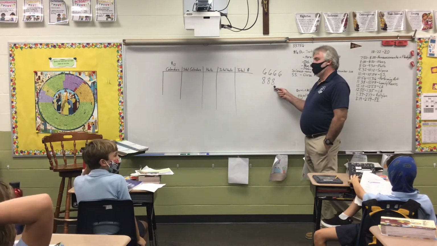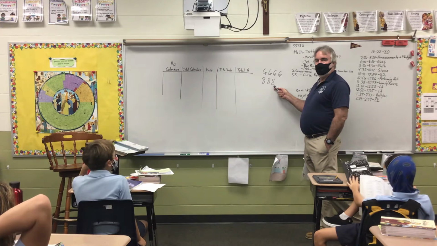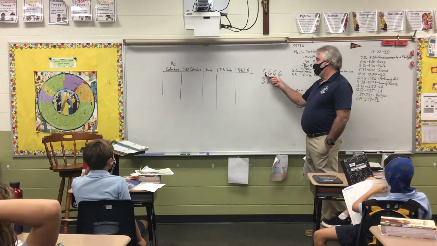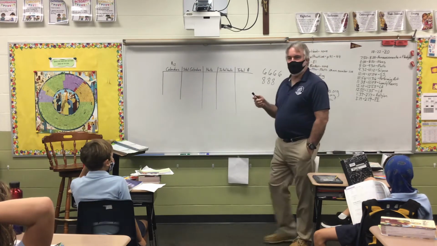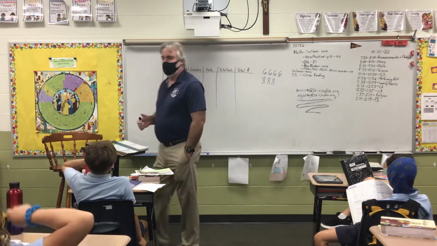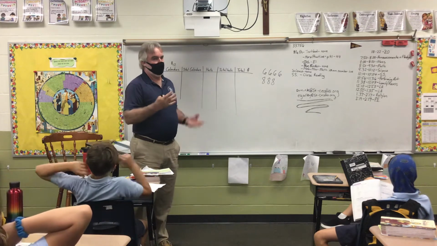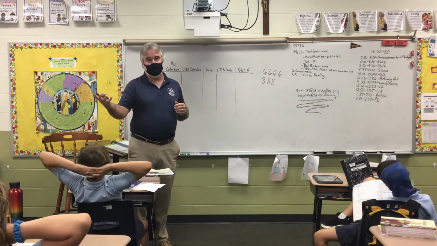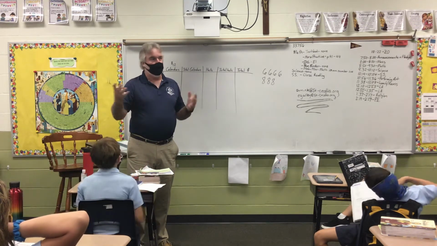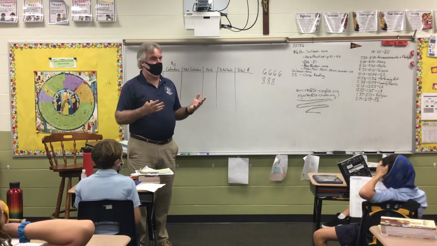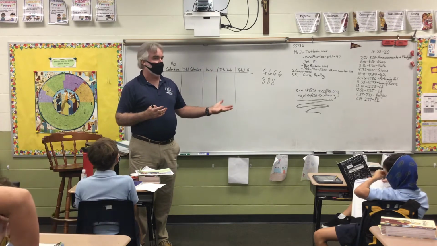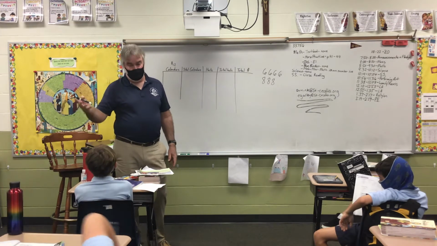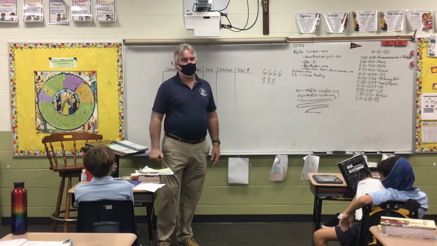So if you bought 3 packages of buns, how many buns would you have? 24. If you bought 4 packages of hot dogs, 24. If you buy 4 of each, it doesn't come out right, because there are 6 hot dogs in the package and 8 buns in the package, so you're always going to have 2 extra for each one.